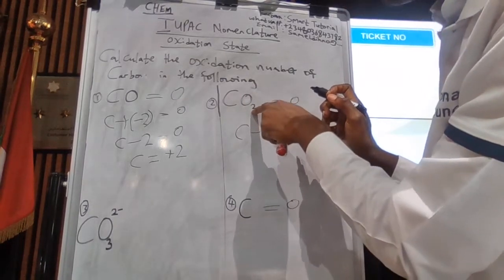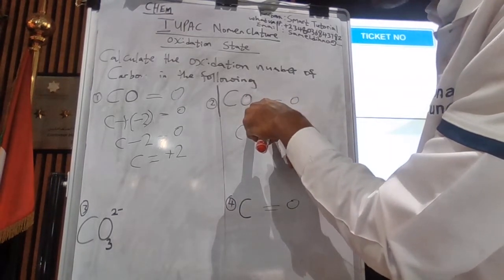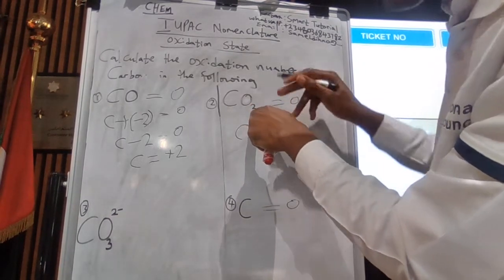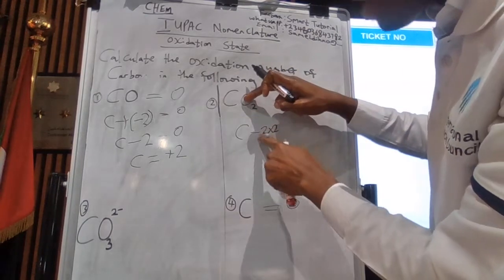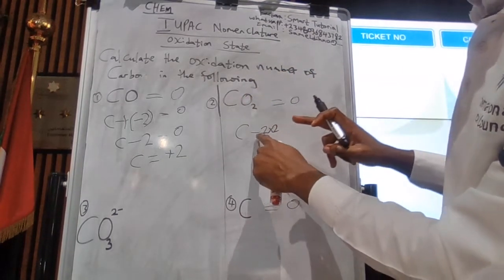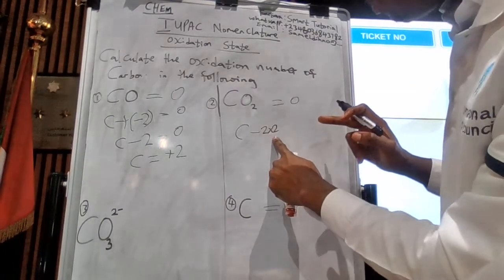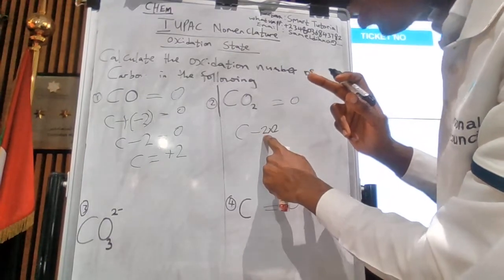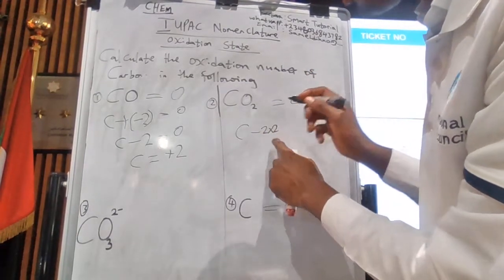Each of the oxygen will be times 2. What simply means is that one oxygen is -2, but the oxygen we have here is 2. So that is why we have -2 times 2. We have 2 oxygen here, and one of the oxygen is -2, so we now have times 2.